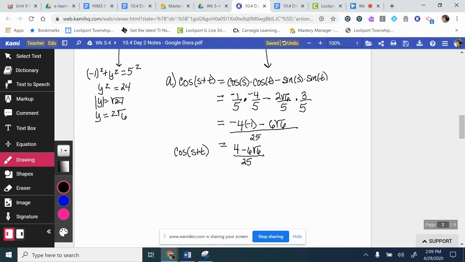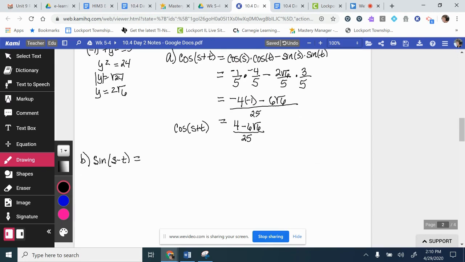All right, part B asks for, well, what is the value of the sine of s subtract t? So now we get our other identity. Sine of s times cosine of t subtract sine of t times cosine of s.